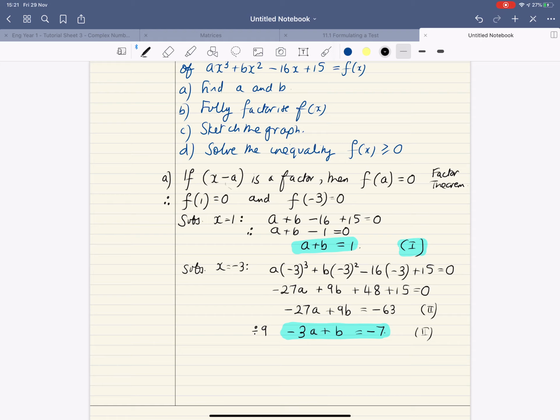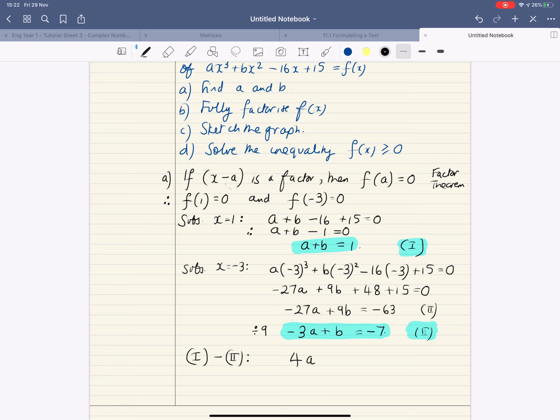Okay, so now if we do 1 take away 2, the b's will cancel, look, because that b take away that b will cancel. So we'll get an equation for a's, and then we can work out the b once we know what the a is. So if we do equation 1 take away equation 2, we've got a take away minus 3a, so that's 4a there.